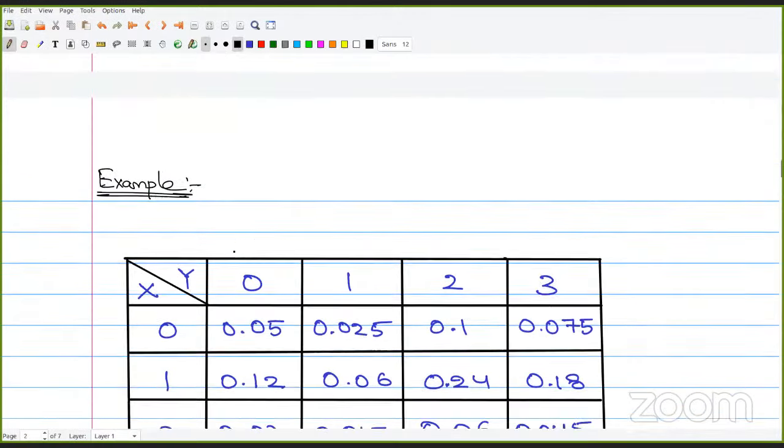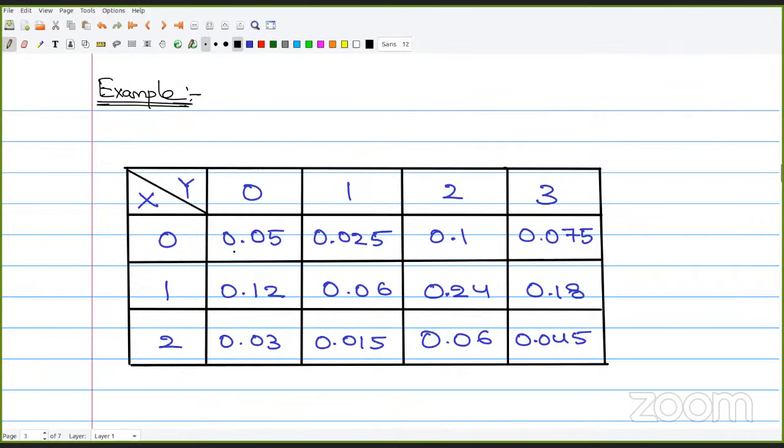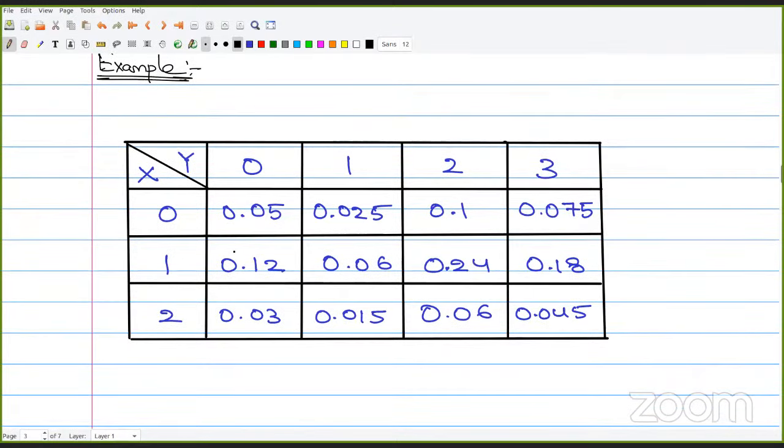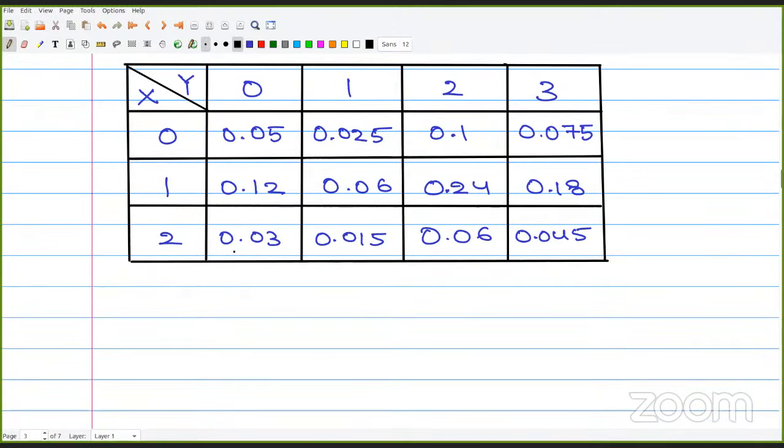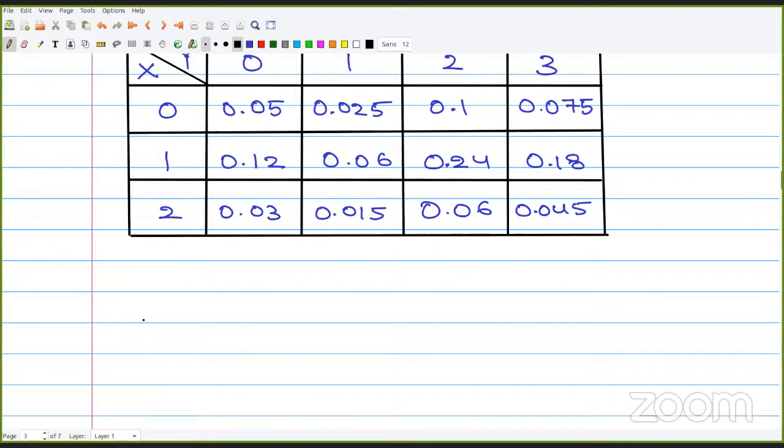Now, the same example I take, but let me discuss independence. What is independence of two random variables, or when can I say X and Y, two random variables, are independent? When the joint PMF is equal to the product of the two marginals.